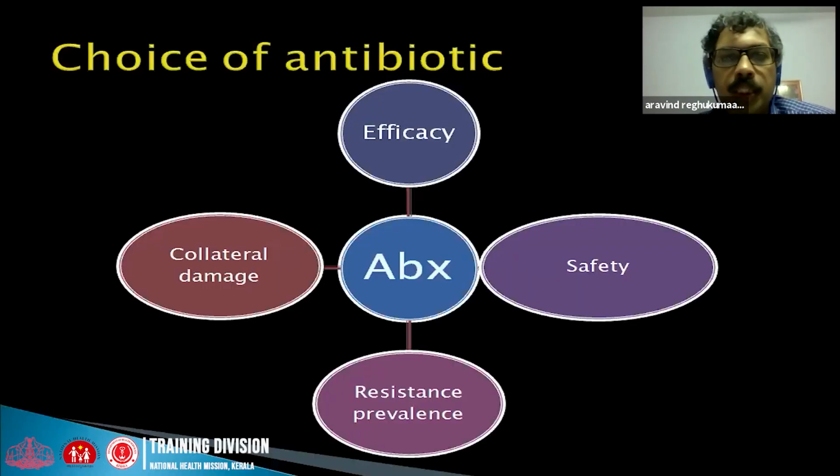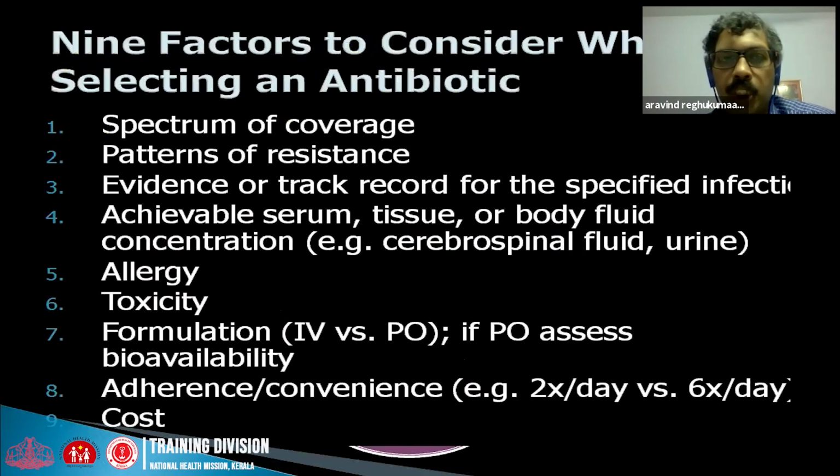This also we did discuss. When you are selecting an antibiotic, you need to look at these factors as well, not only the efficacy and safety, but the resistance prevalence as well as the chance of collateral damage, about which we did discuss in the previous session. So these are the 9 factors to be considered when you are selecting an antibiotic. One is obviously the spectrum of coverage.